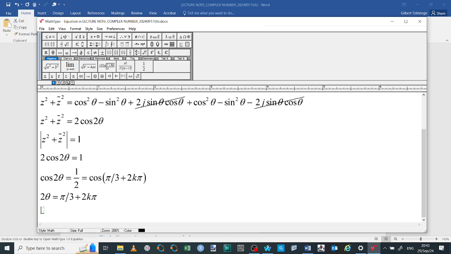And then theta, that is theta 1, because there will be 2 possibilities, theta 1 will be equal to pi over 6 plus k pi.